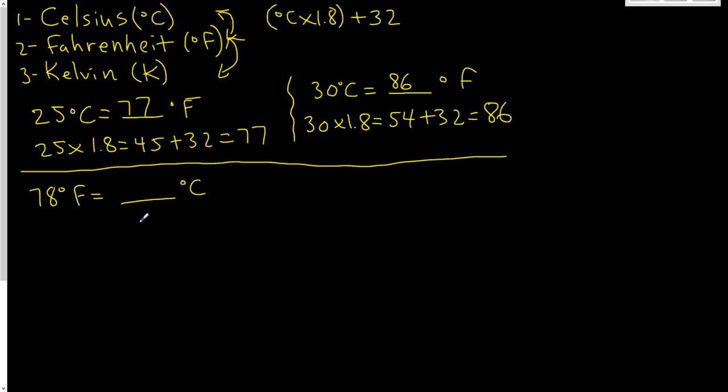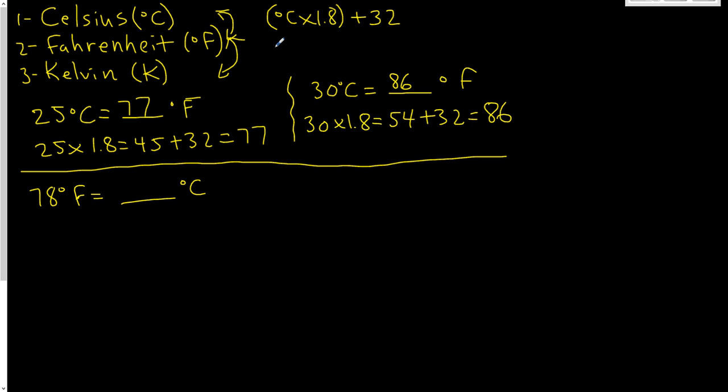So let's go with our formula here, and our formula is the opposite of what we did here. The last thing that we did when we were going from Celsius to Fahrenheit was we added 32.